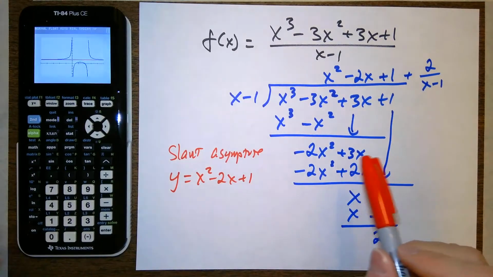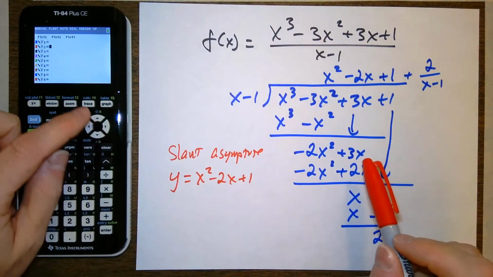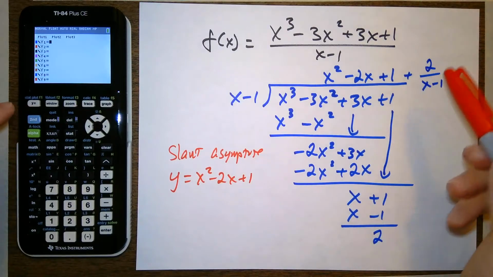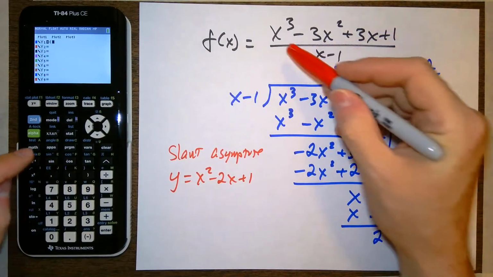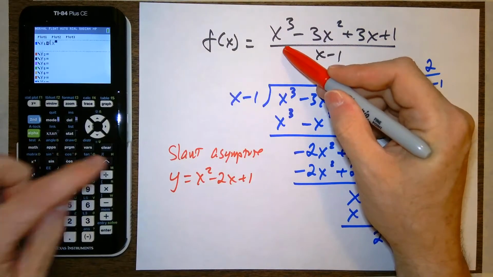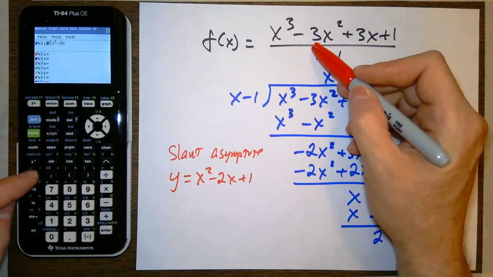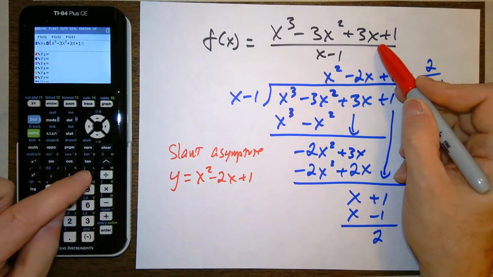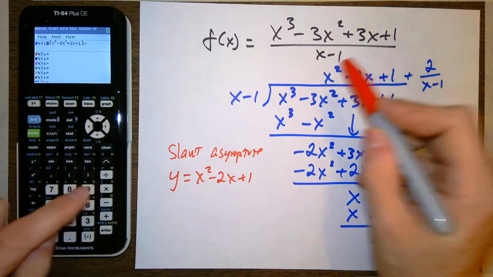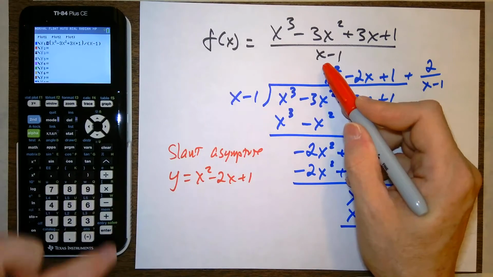Let's take a look at it graphically. So clear out the things from the previous lesson. And I'm going to plug in my original function in y1. So open parentheses, x cubed minus 3x squared plus 3x plus 1, close parentheses, divided by, open parentheses, x minus 1, close parentheses.